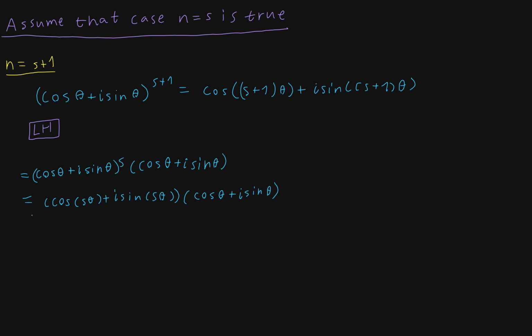And now we're going to expand this. So we're going to have cosine theta times cosine of s theta plus i times cosine theta sine of s theta.